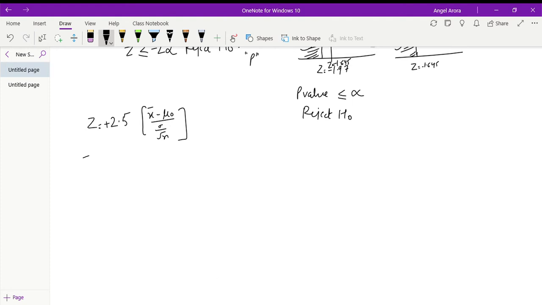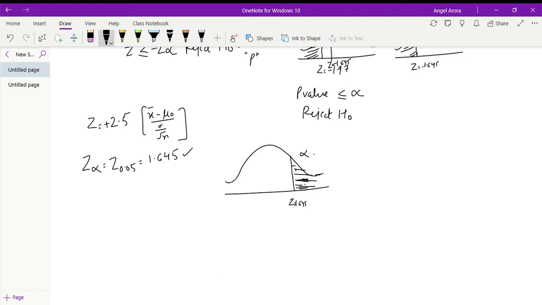Z alpha in this case was 1.645. This will also be positive. So clearly this is an upper tail test because Z values are positive. So Z equal to 1.645 comes here, and this area is the rejection area, as we know, the alpha area.